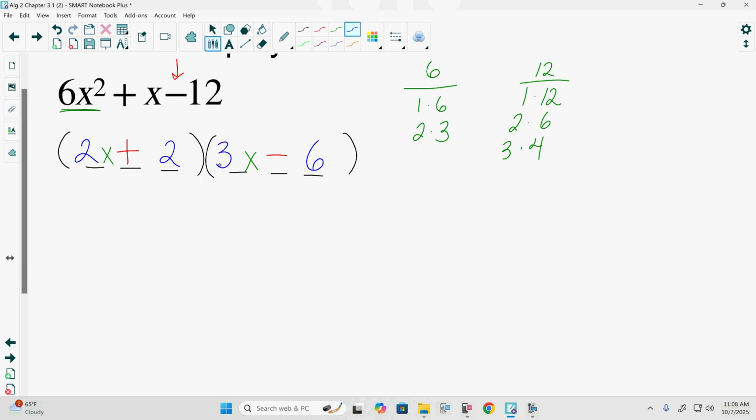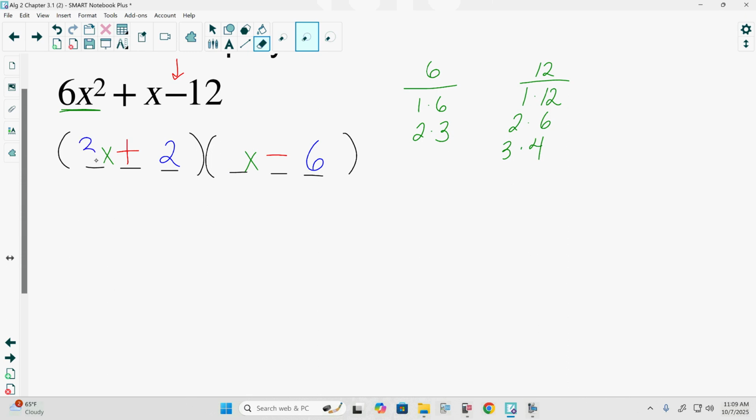Well, most likely there should be no greatest common factor in either set of parentheses, because if there is, we can factor it out. If we can factor it out of the parentheses, we should have been able to factor it out of the one to begin with, yes? So what's the problem with the one I just wrote? 2x plus 2 has the greatest common factor of 2, yes? Well, that shouldn't work. 3x minus 6 has the greatest common factor of 3, yes? Okay, well, that doesn't work. That's fine.